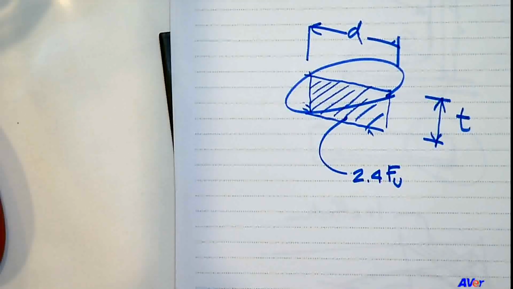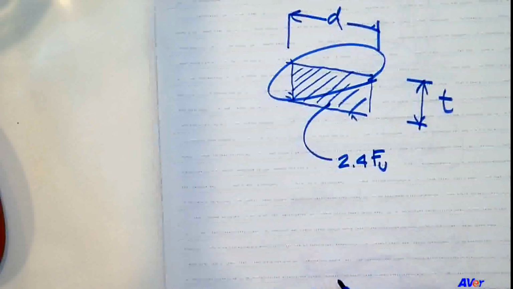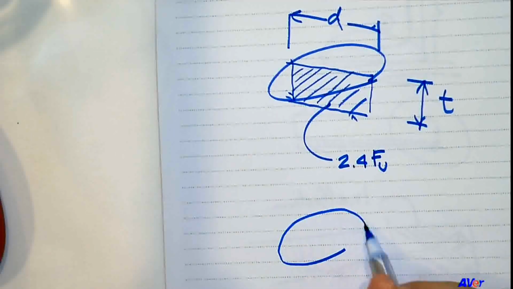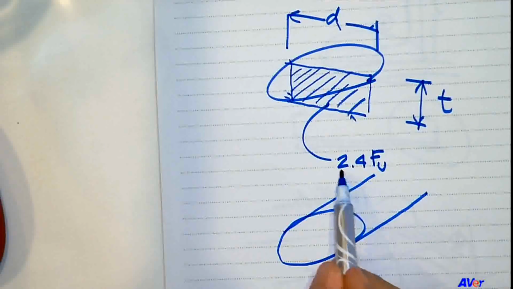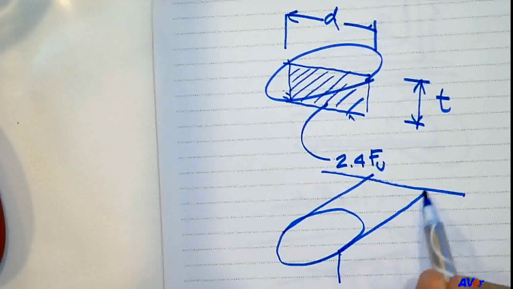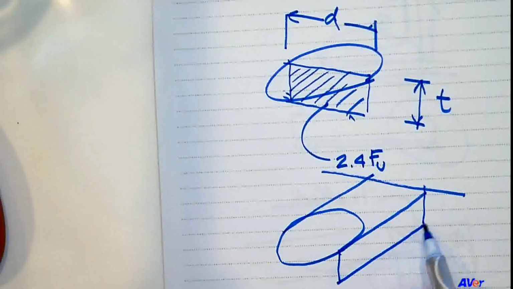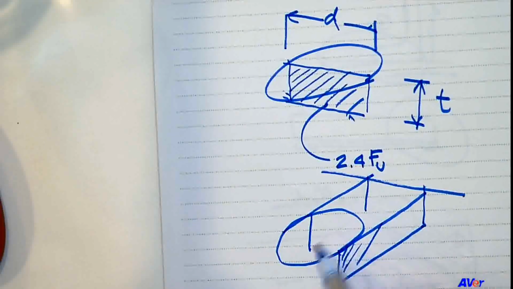And now that we're on to the piece of paper, I may as well draw another failure here. If it is tear out, again we have the hole here, but the tear out failure is going to occur going out like that to the edge of the plate. So this becomes our failure area, right? But you have it on both sides.